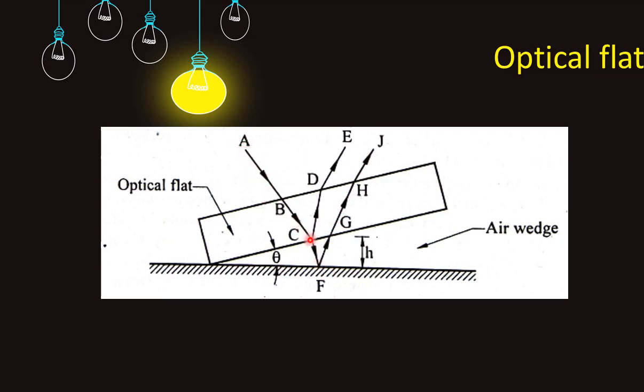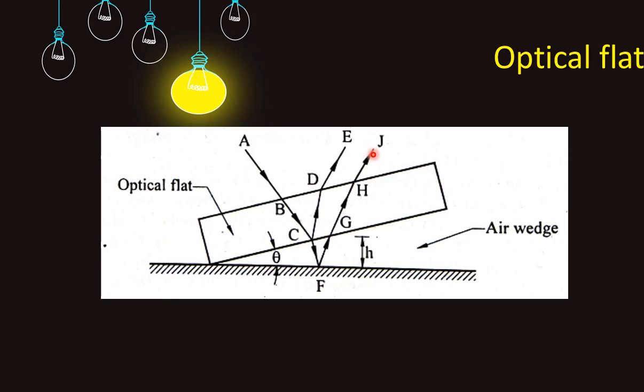Okay, so we are having two rays. Initially we have only one ray, AB, but at the end we have two rays. The first one is CDE and the second one is FGHJ. The two beams DE and HJ differ in phase because of the extra distance CFG traveled by HJ.